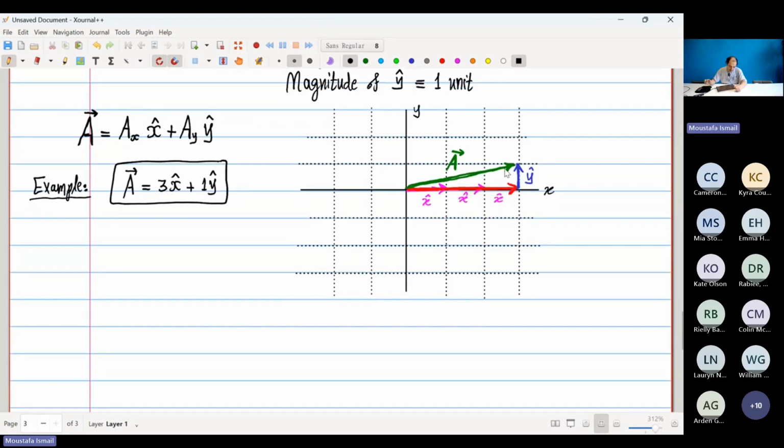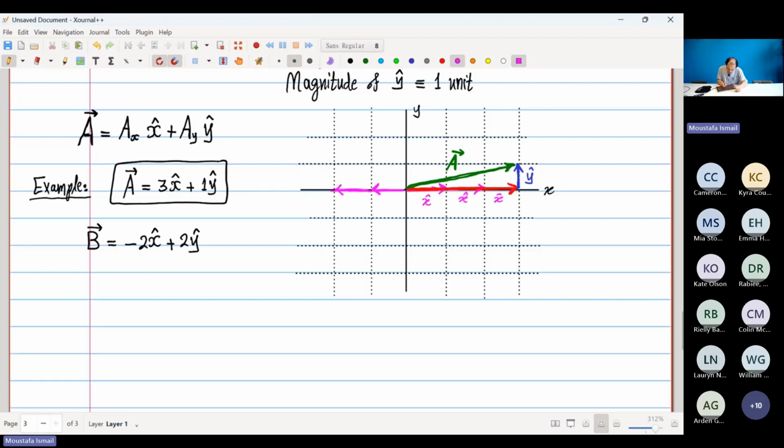Okay. Let's say we had a different vector, vector B, and this vector B was negative 2x hat plus 2y hat. Again, I will do the same thing. The negative sign reverses direction. It's a scalar multiplication by a negative, so it reverses the direction of x. So that gives me 1 unit here, another unit there.